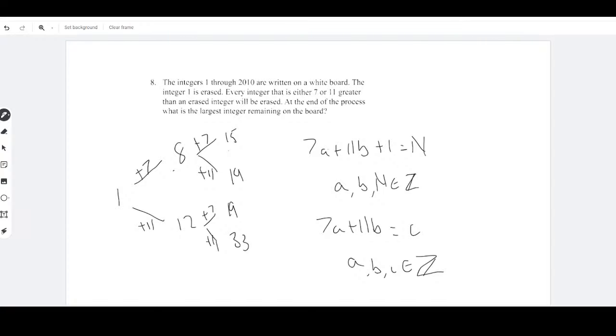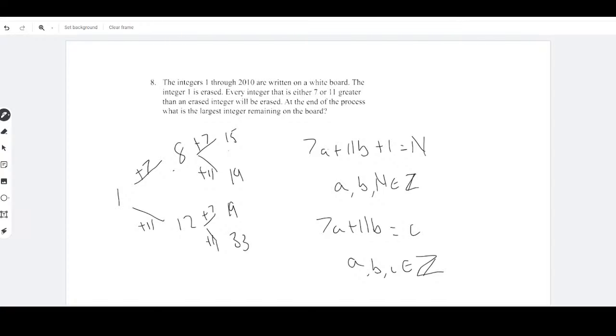So when Austin says something like 2 mod 7, he's saying that if you divide by 7, then you have a remainder of 2. That's what it means to be 2 mod 7. If she doesn't know mods, I think we should talk about mods a little bit more.